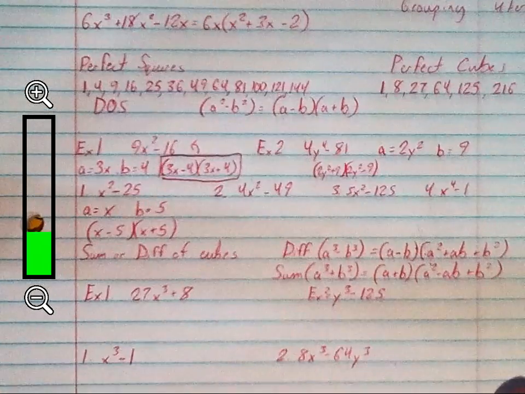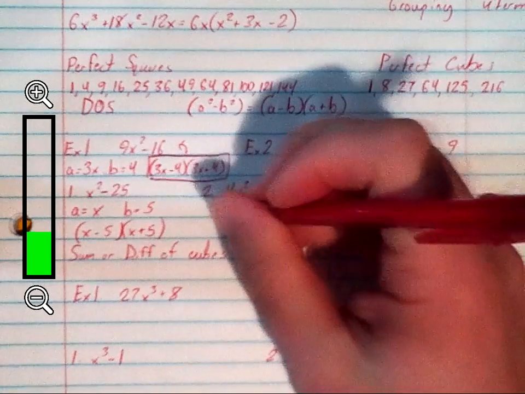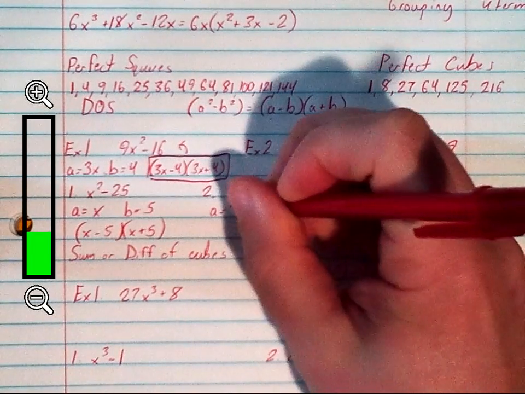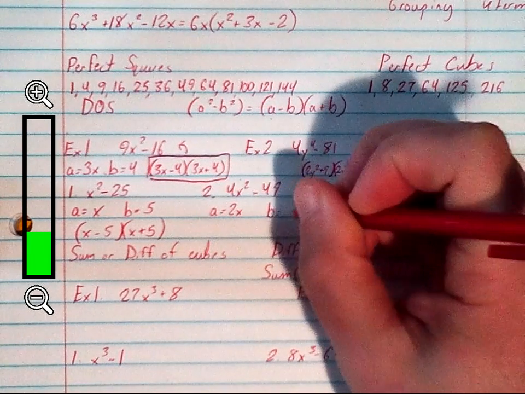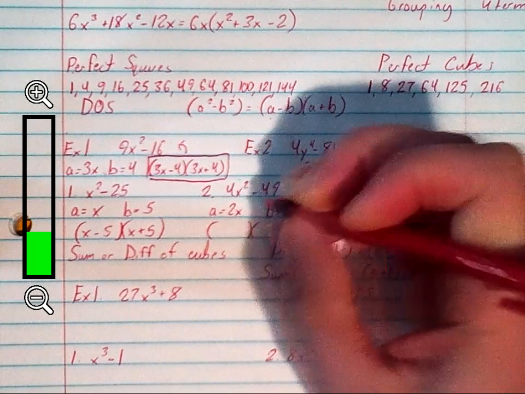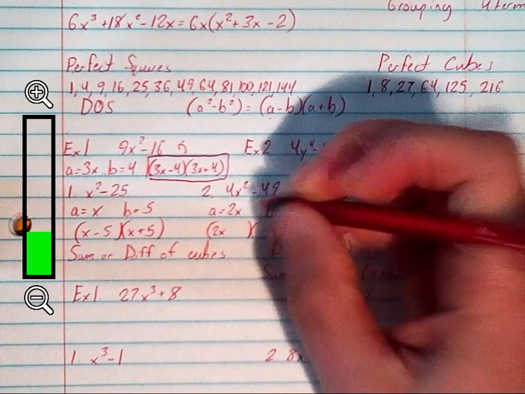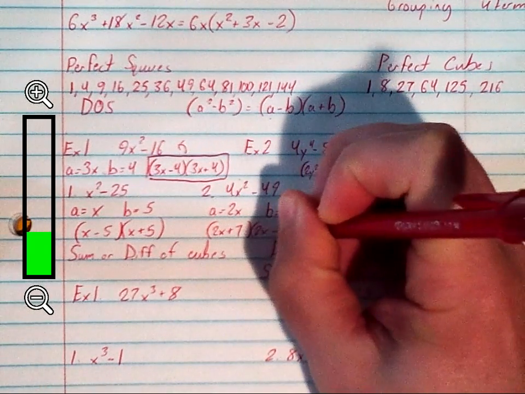Okay? So let's look at number 2. Alright, so a is going to be 2x, and then b is going to be 7. So to make my parentheses, 2x plus 7, 2x minus 7.